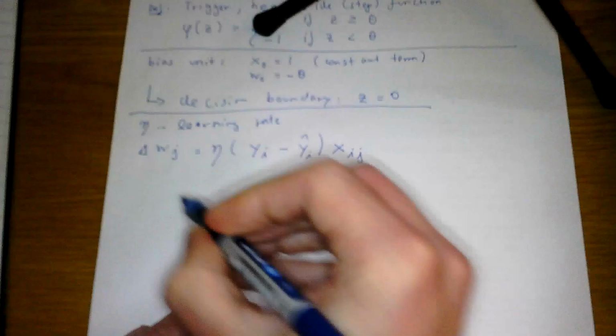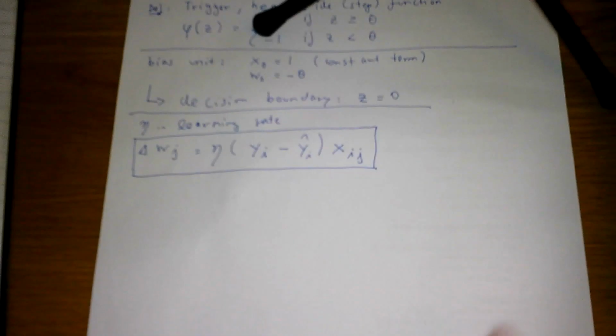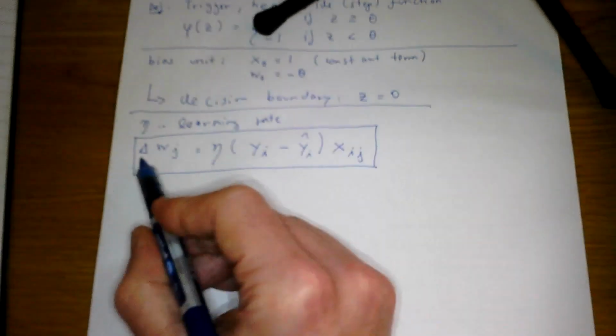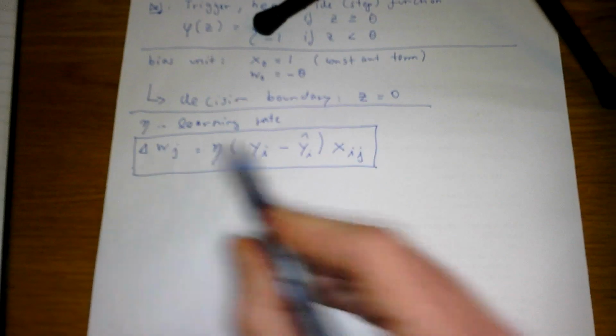Now that is our rule for adjusting the weights. This looks a little bit like mumbo jumbo for most of you, I suppose, but actually it is quite straightforward. The delta refers to a change. There's a change of weights.